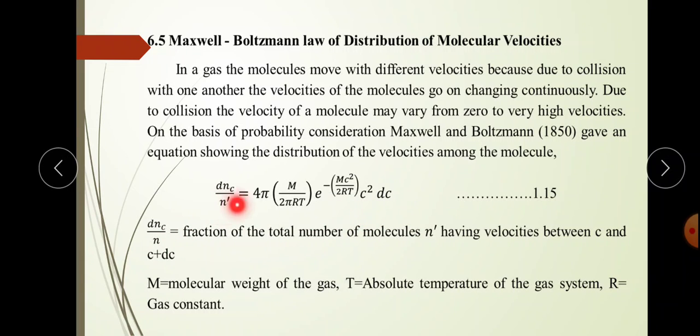Here dn_c upon n dash is the fraction of the total number of molecules n dash having a velocity between c and c plus dc, M is the molecular weight of the gas, T is the absolute temperature of the gas system, and R is the gas constant.